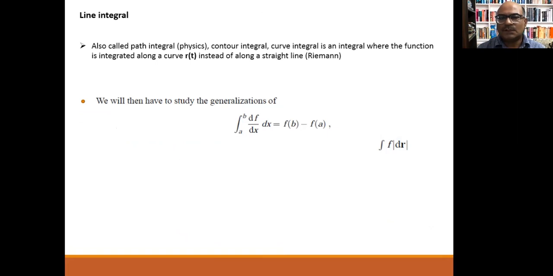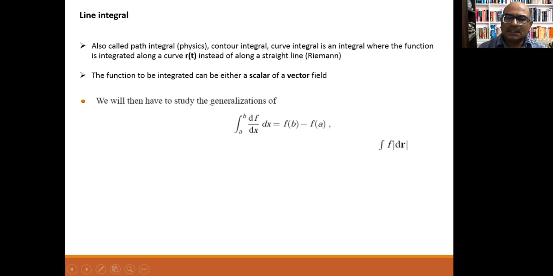And it is actually the function integrated along the curve, and that curve is represented by r(t), instead of along a straight line. Because a curve, you can understand, is a collection of an infinite number of small straight lines. So, accordingly, we will be integrating that function.